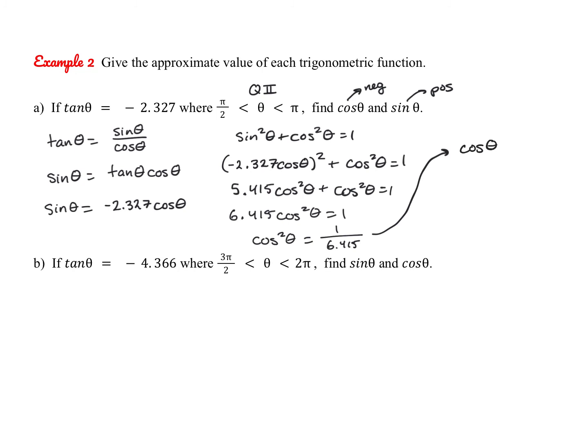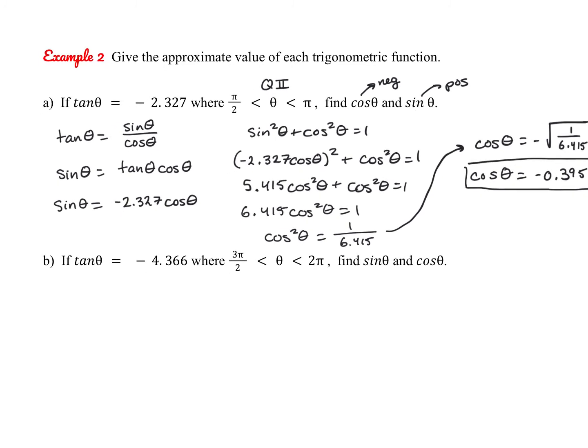So the cosine of theta equals the negative square root of 1 over 6.415. And then let's plug that into our calculator real quick. And we get about negative 0.395. So that's the cosine of theta.